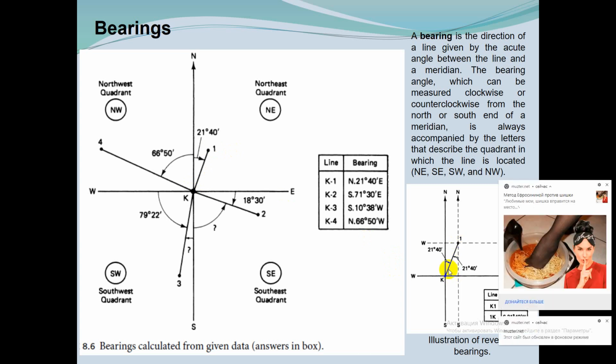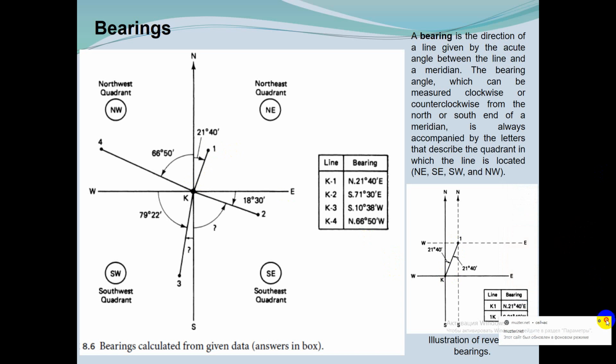All lines have two directions, forward and reverse. So here you can see an illustration of reversed bearing. The directions are simply switched. For example, north to south and east to west.